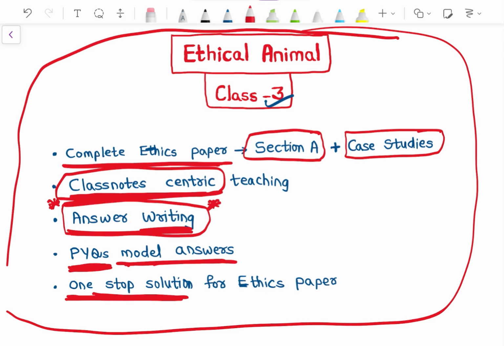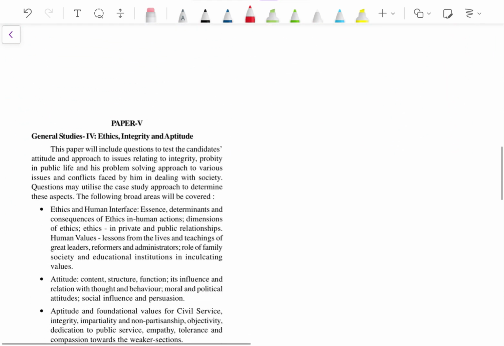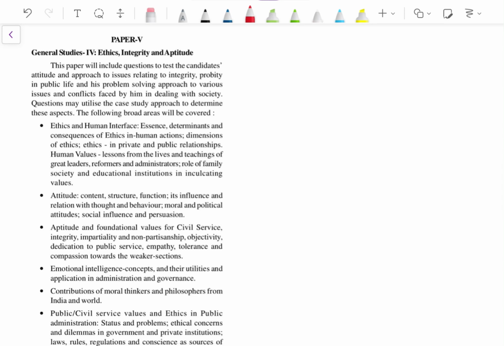Now let's go to the class. In today's class, I'll be discussing a few basic things again. See, till now we haven't gone into the syllabus. In this class, we will briefly enter the syllabus. The topic is ethics and human interface: essence, determinants and consequences of ethics in human actions.